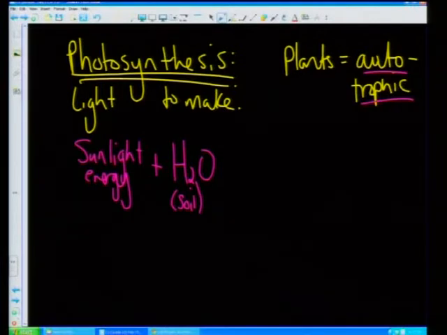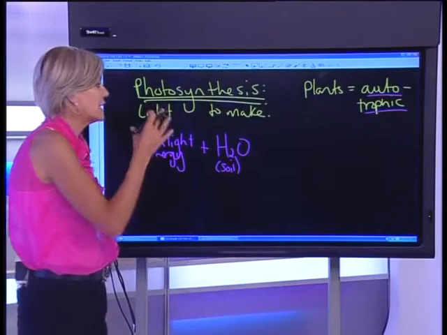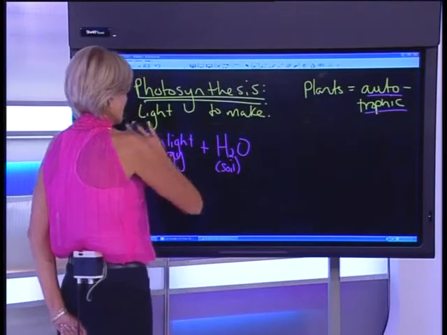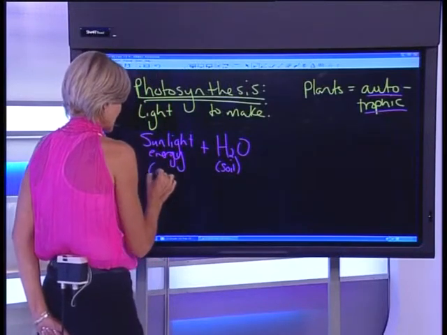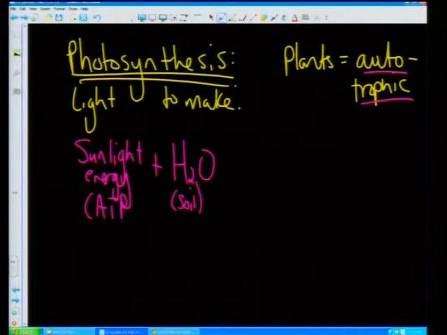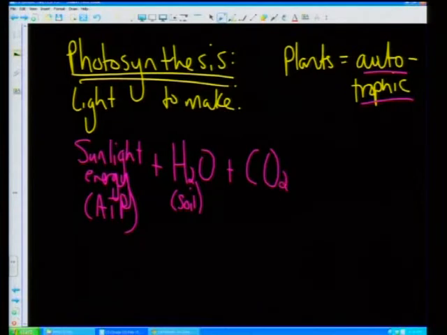Remember, photosynthesis happens mainly in the leaves where the chloroplasts are. So we have sunlight energy that gives us our ATP, we have the water from the soil, and we have carbon dioxide from the air. This is then used in the chloroplast for a process called photosynthesis.